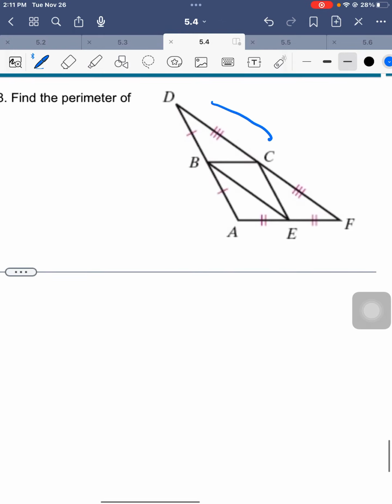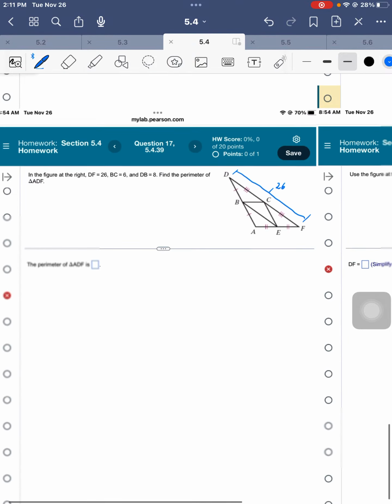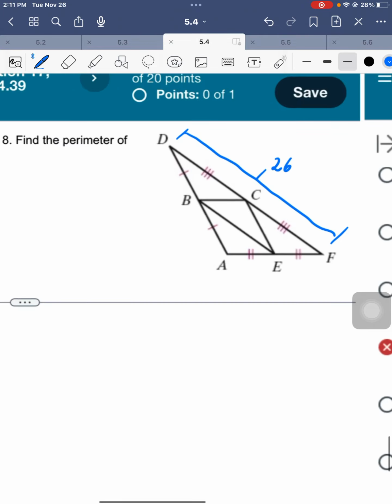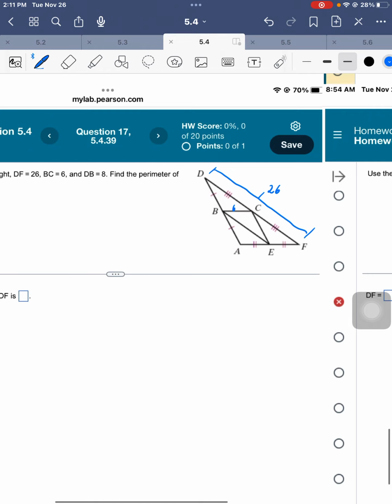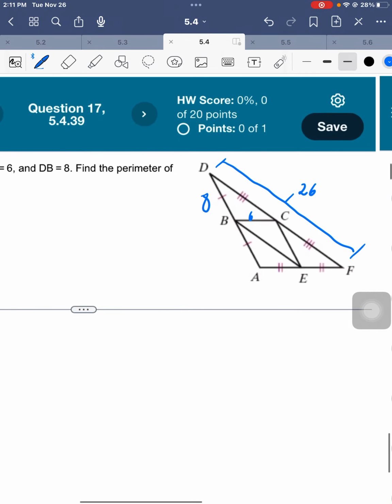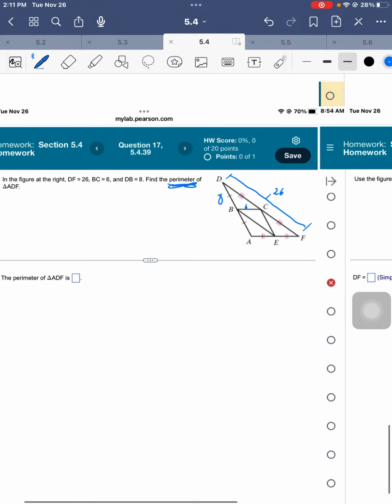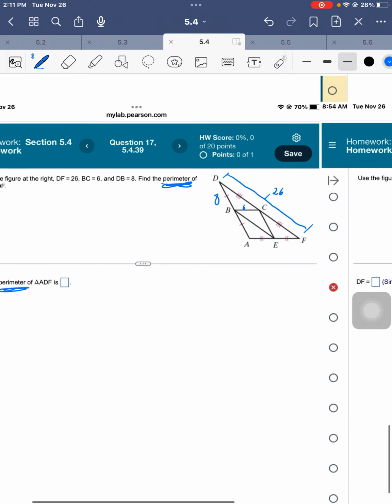So this whole thing is 26. BC is 6. And DB is 8. And it's telling me to find the perimeter. Find the perimeter of ADF.